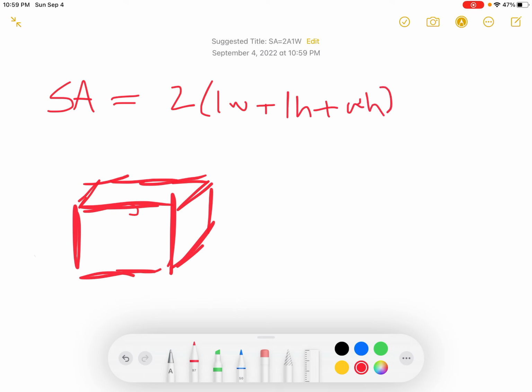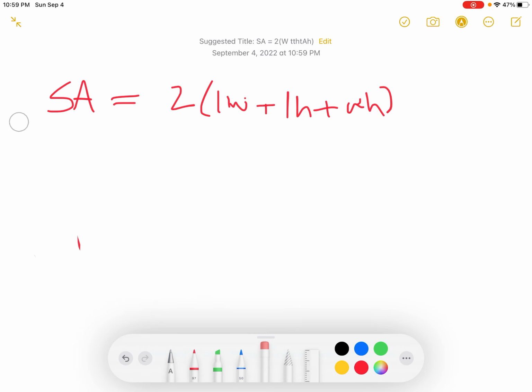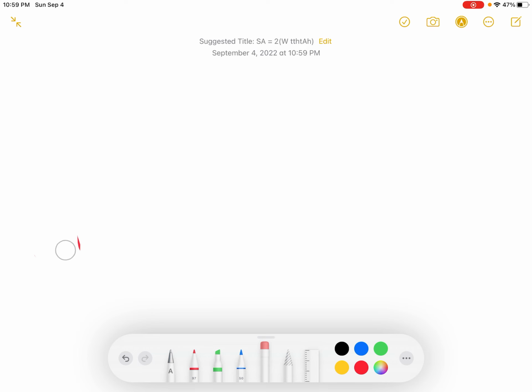That's what I was trying to remember. Like all the combinations of those things. So the length could be this, the width could be this, and the height could be this. But once again, it doesn't matter really what order it's in. So LW, LH, WH. That's how I would remember it. 2 times LW, LH, WH. Plus, and you add those.